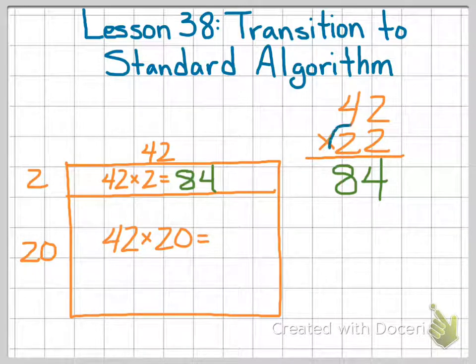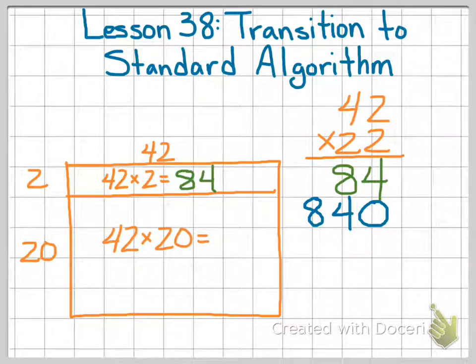So I'm going to look here at the 2 in the tens place, and I'm going to multiply 2 tens times 2. Before I do that, I'm going to go ahead and put in a placeholder. 2 times 2 is 4, and then 2 tens times 4 tens is going to be 8 hundreds, so I'm going to put my 8 in the hundreds place here.